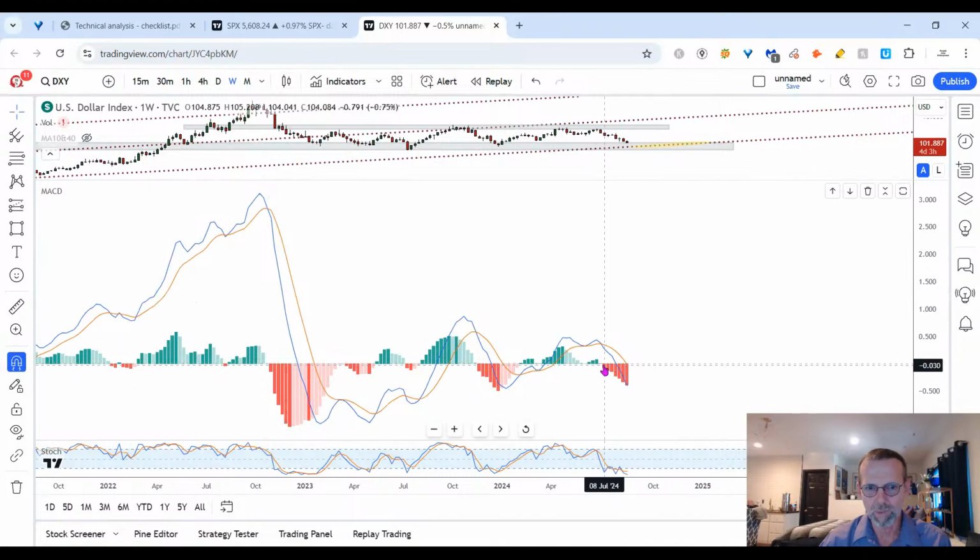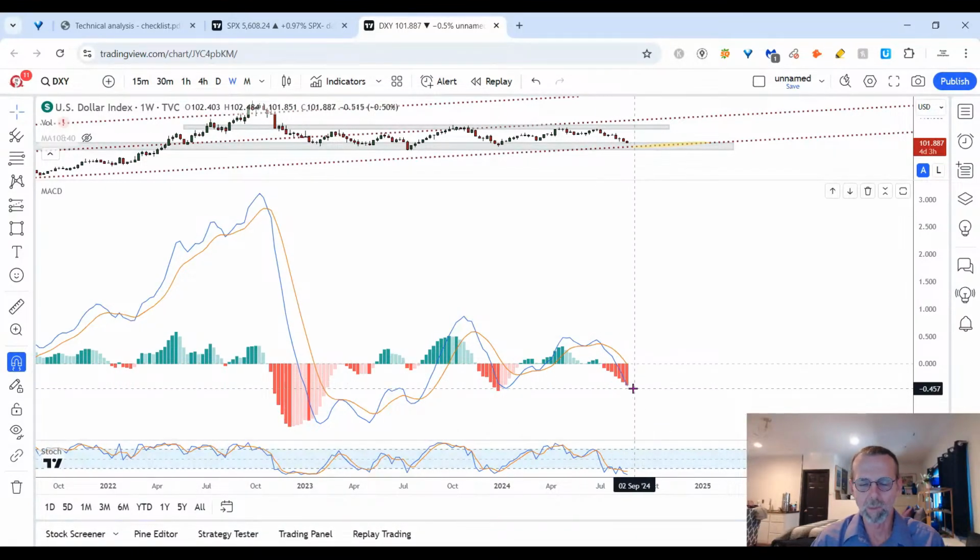And we can see the histograms, that's these red bars, and of course the green bars on the other side of the zero line, increasing in size, suggesting that downward momentum is increasing at this point, and of course energy very low.